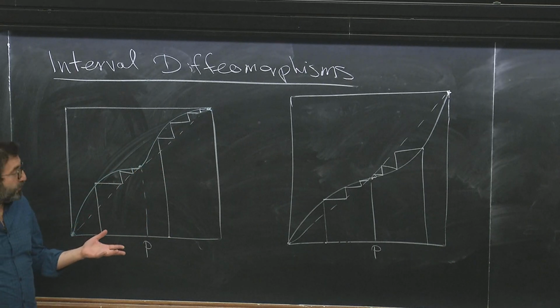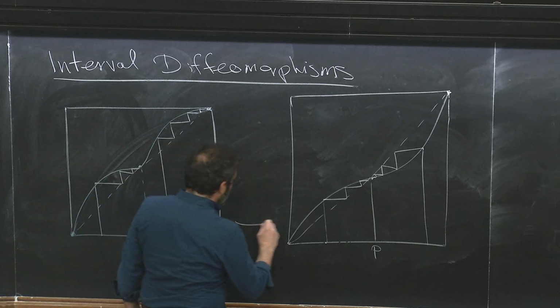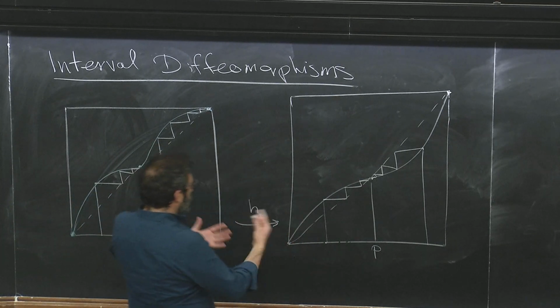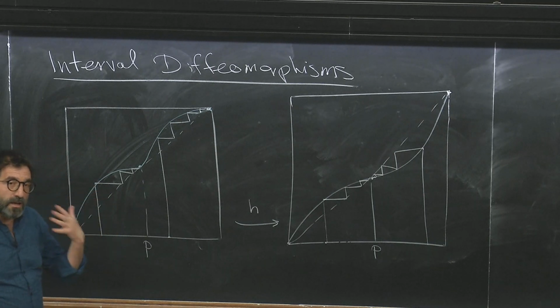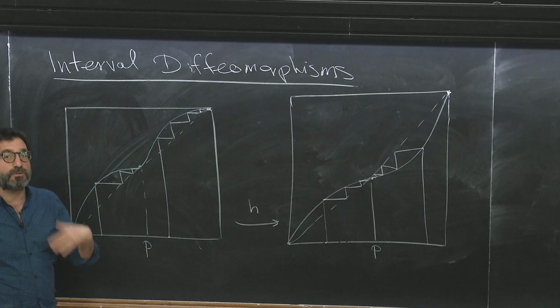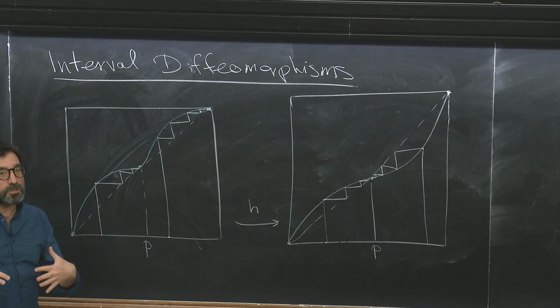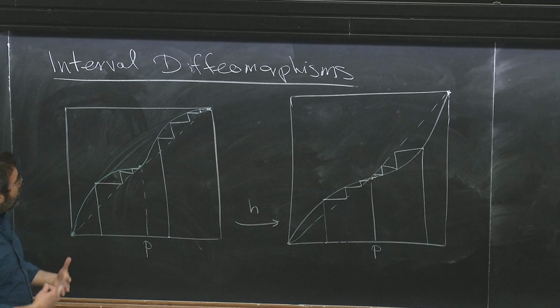But what is the most important point is if you try to construct a homeomorphism between these two, it will be impossible, which is a conjugacy. If you remember, the topological conjugacy preserves omega limits, right? This is one of the additional properties that you get.